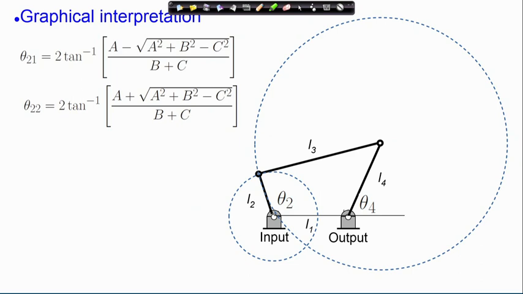Now, this gives us a clear picture or visualization of the solutions. Why do we have two solutions, for example? We can ask the question. So, this graphical interpretation gives us that. So, in this problem, as you remember, we were given theta 4. So, theta 4 was given, and we were supposed to find out theta 2. That was the inverse kinematics problem.